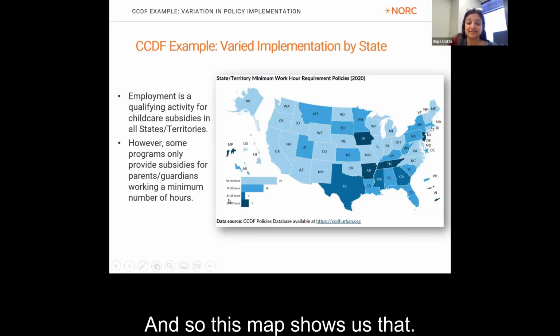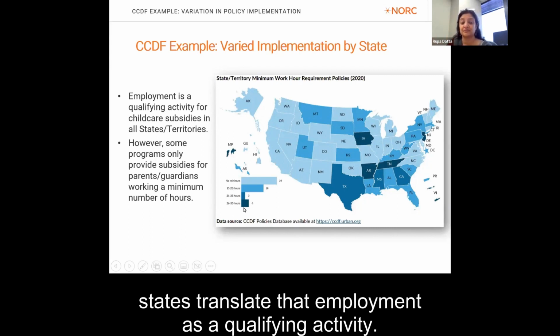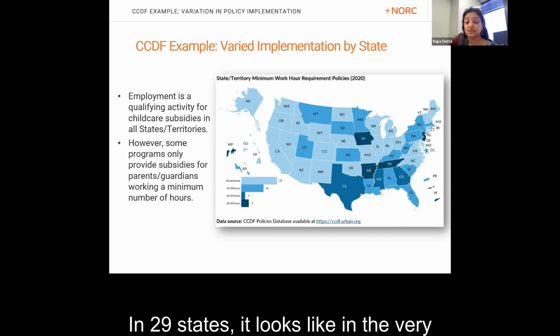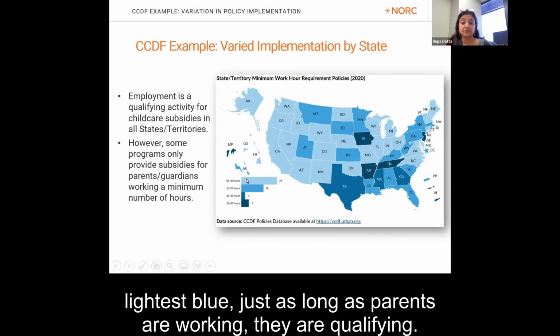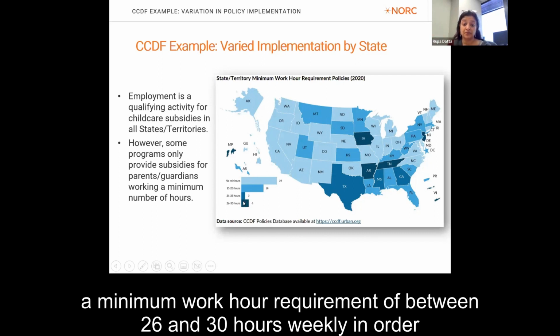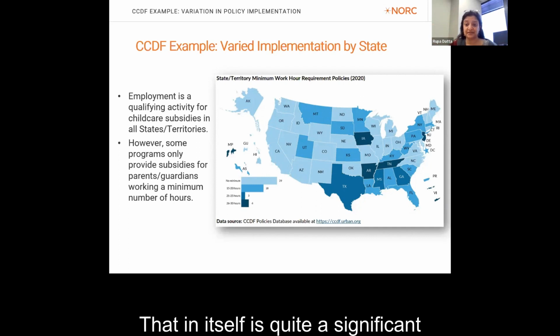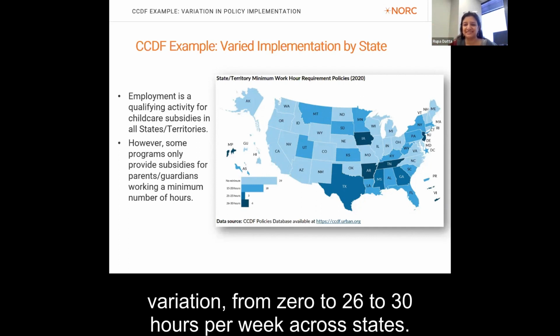And so this map shows us that there's quite a bit of variation in how states translate that employment as a qualifying activity. In 29 states, it looks like in the very lightest blue, just as long as parents are working, they are qualifying. Whereas we've got 6 states that set a minimum work hour requirement of between 26 and 30 hours weekly in order to qualify for the childcare subsidy. That in itself is quite a significant variation from 0 to 26 to 30 hours per week across states.